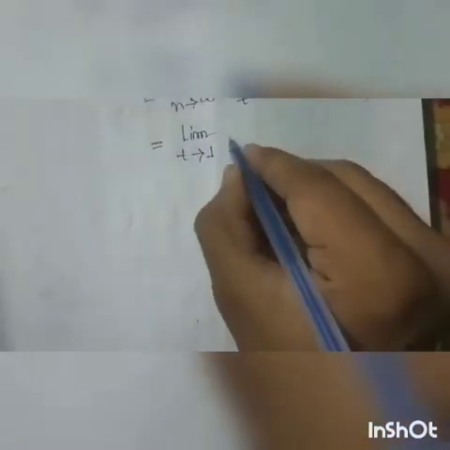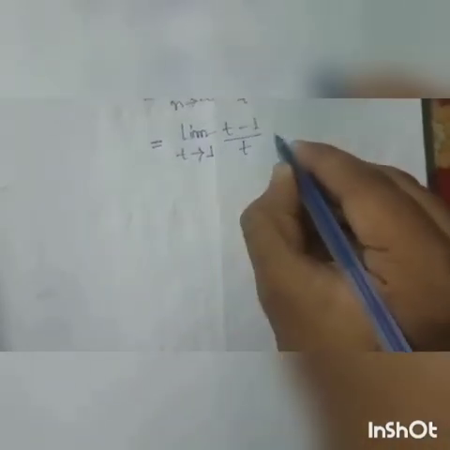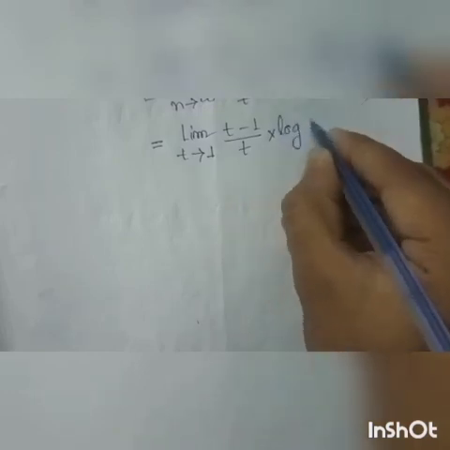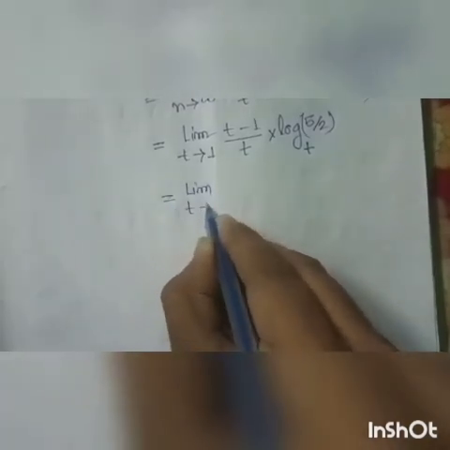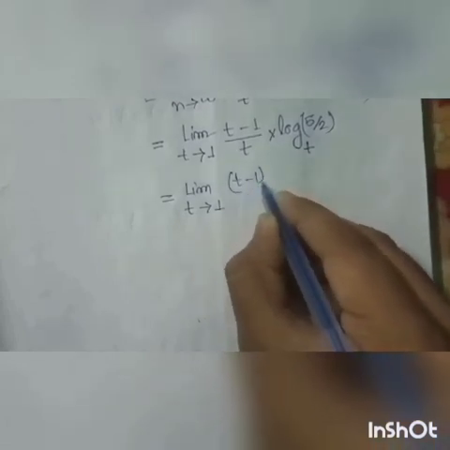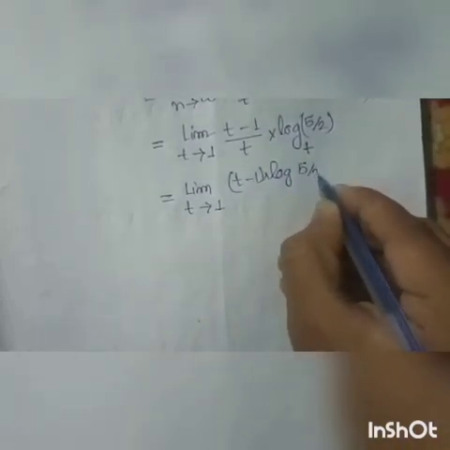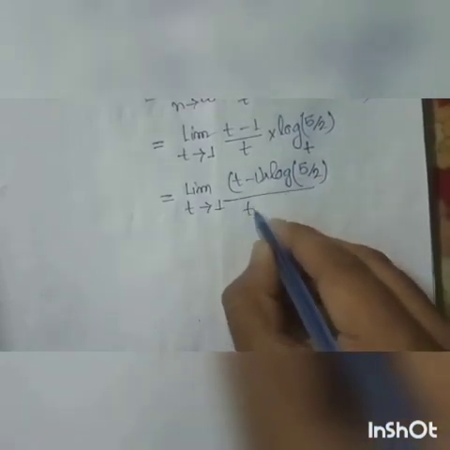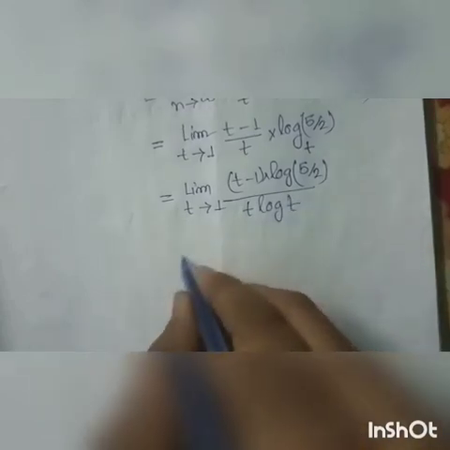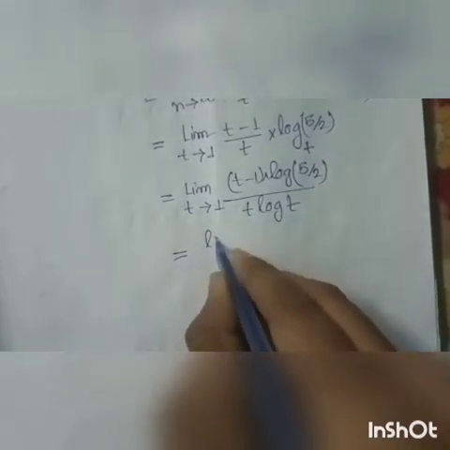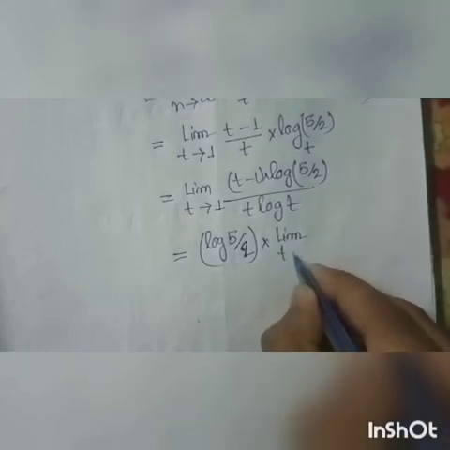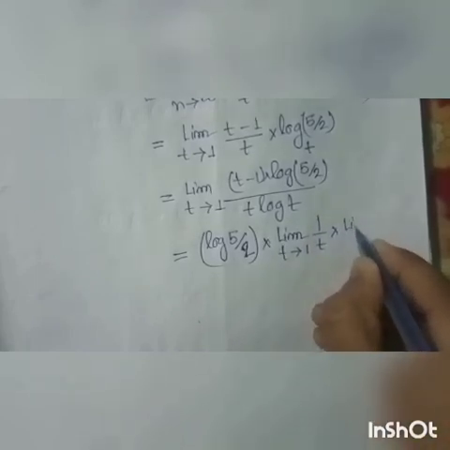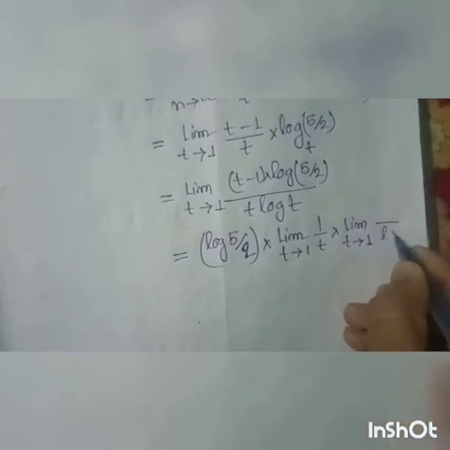t tends to 1, (t minus 1) by t into log of 5 by 2 t, equal to limit t tends to 1 (t minus 1) into log 5 by 2 by t log t, equals to log of 5 by 2 into limit t tends to 1 1 by t into limit t tends to 1 (t minus 1) by log t.